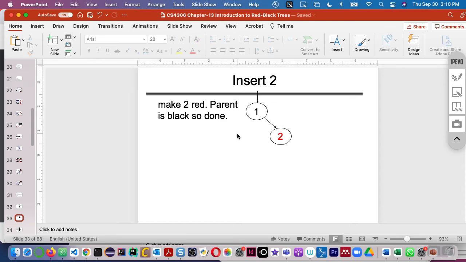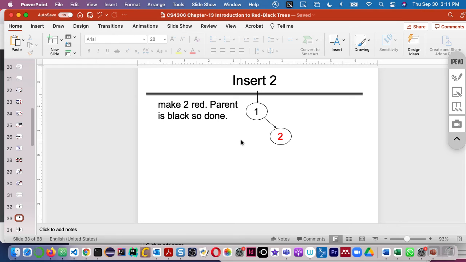Then what is the problematic condition? I said number 4: if a node is red, then its children must be black, and those would just be 2 nils. Does this condition apply here?